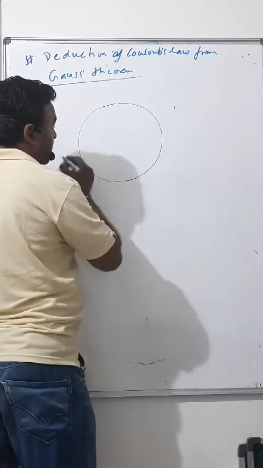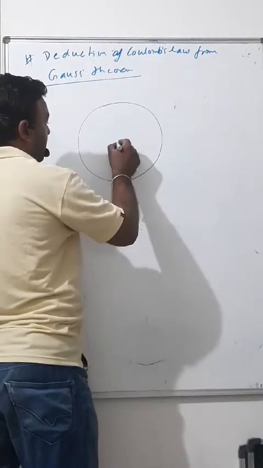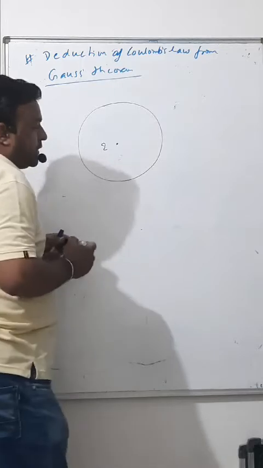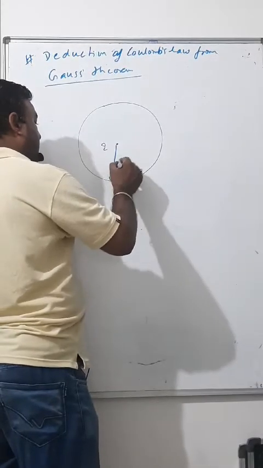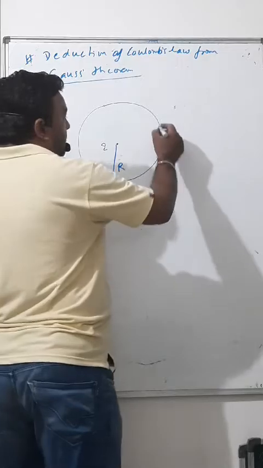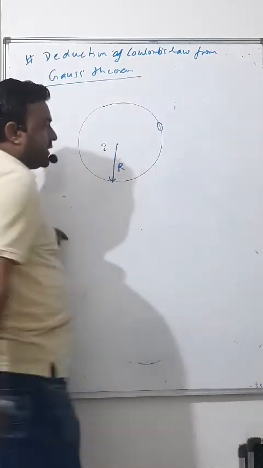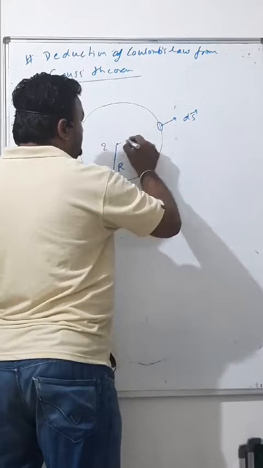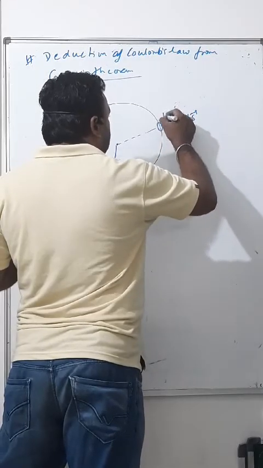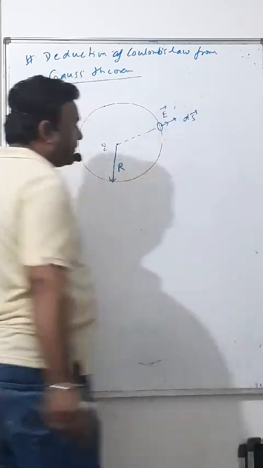There is a sphere, and there is a charge Q placed at the center of the sphere. The radius of the sphere is R. I assume an area, this area ds. At this point, there is electric field E.